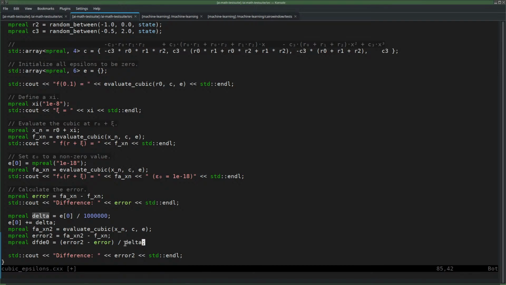Well, delta is positive and error 2 is larger, so this gives a positive derivative, which is of course correct because it increased.